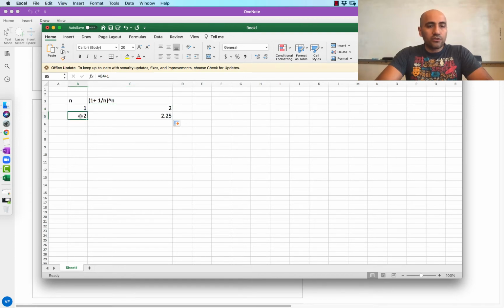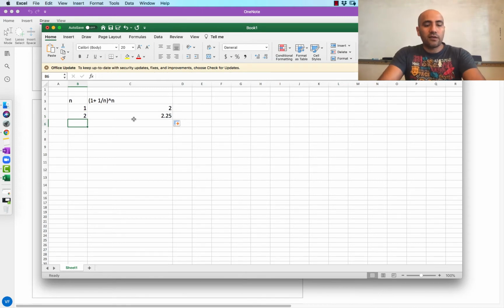When n equals 2, we'll have 1 plus 1 over 2, which is 1 plus 1 half. 1 plus 1 half is 3 over 2. To the power of 2, that gives us 9 over 4, which divides to 2.25. We want to continue and expand this.